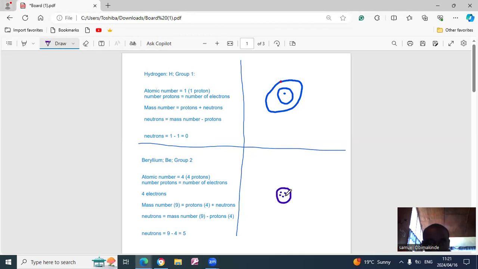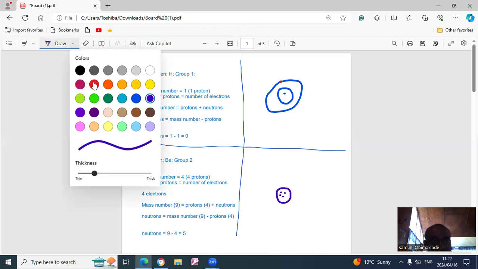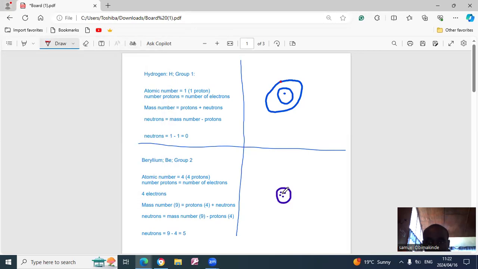So those are 4 protons. Then from our calculation, we have 5 neutrons. Let's represent the neutrons in red color. So here we have 1 neutron, 2, 3, 4, and 5 neutrons. That would be the nucleus of a beryllium atom, right?